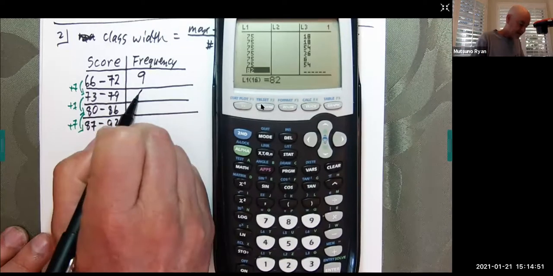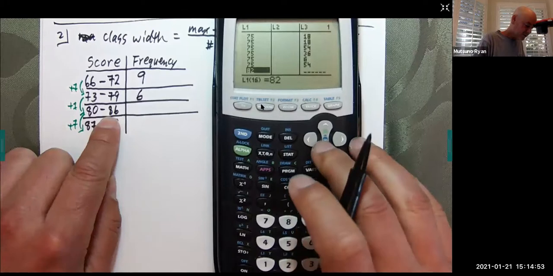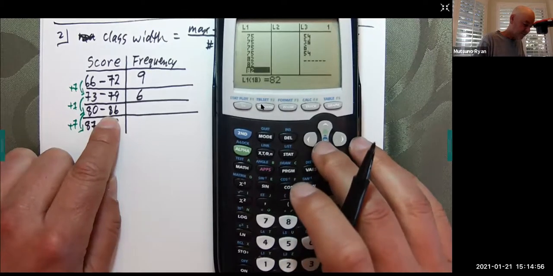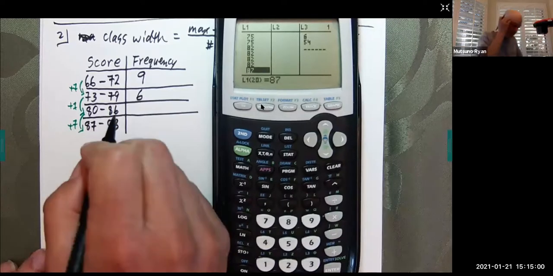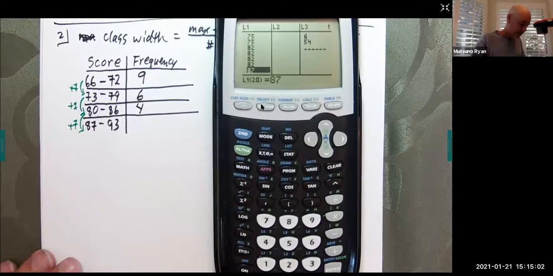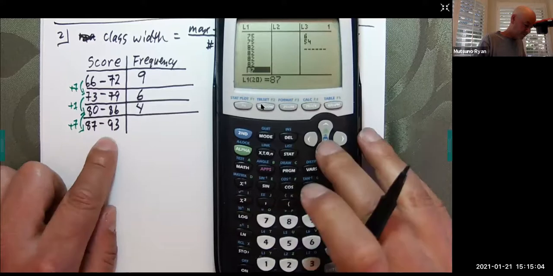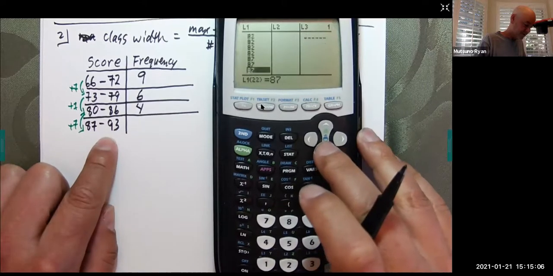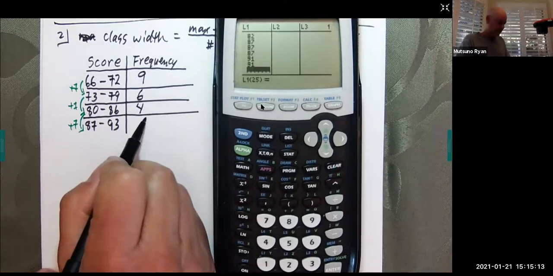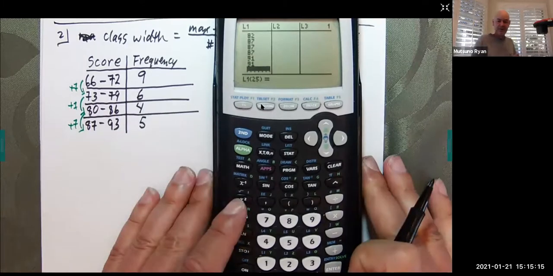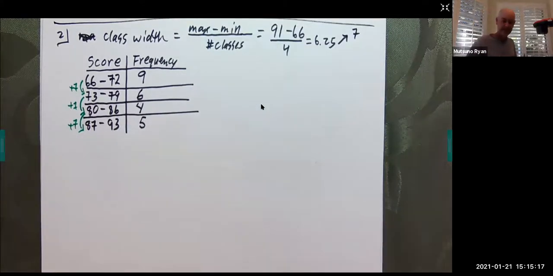And 80 to 86, I have 1, 2, 3, 4. In 87 and 93, I have 1, 2, 3, 4, 5. And there is our frequency distribution table. Very nice.